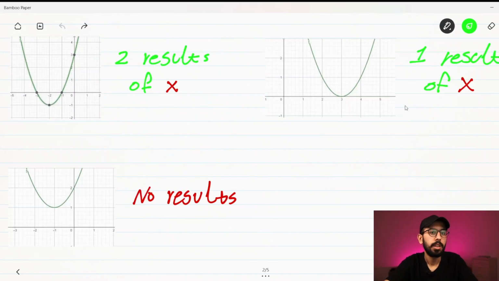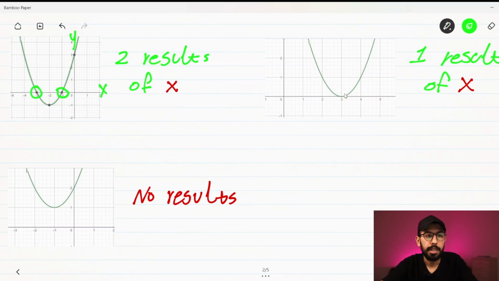We have the x-axis and y-axis, and this curve represents our equation. When the curve cuts the x-axis two times, that means we have two answers.